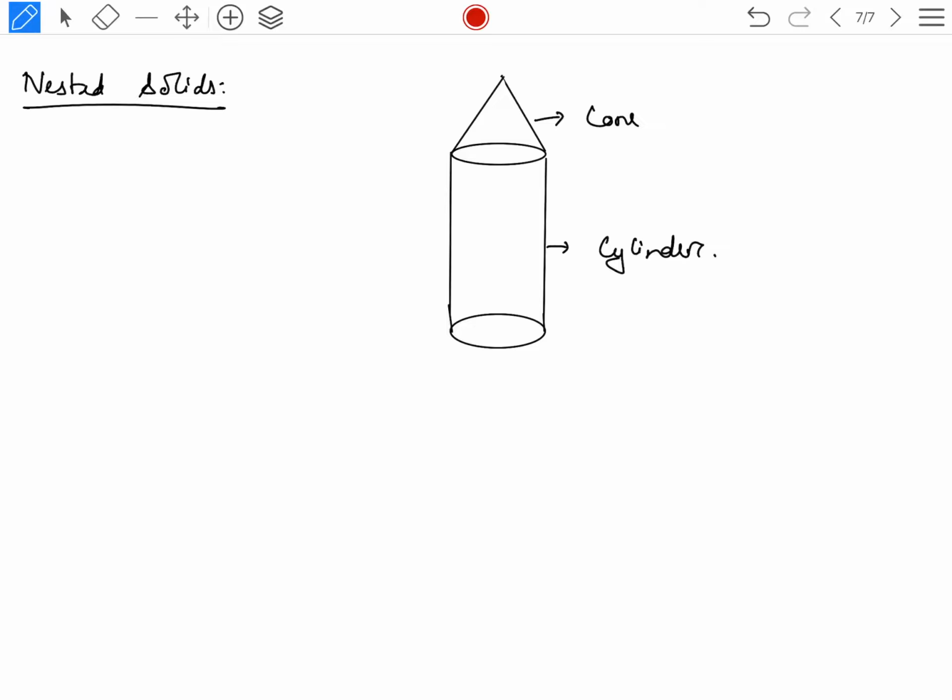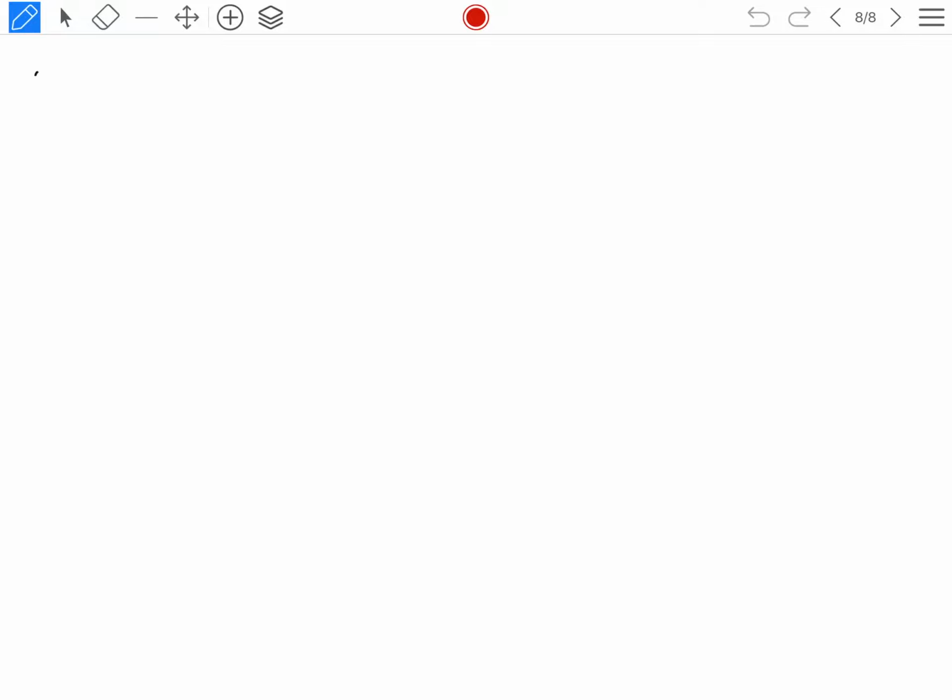Understood? Now another term you have to understand is nets of a solid. Nets means what? See, a net is the outline of faces joined together from which a model of a solid is made.